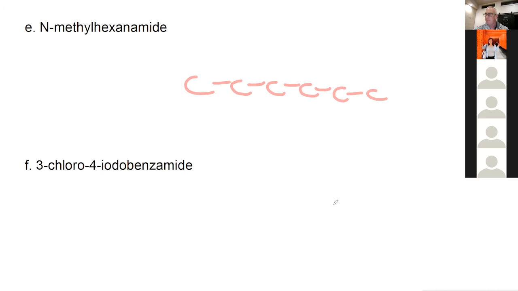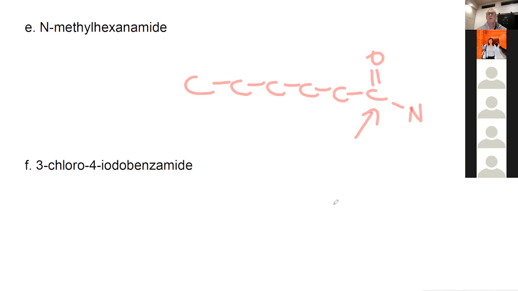So what does the amide mean? What kind of linkage is that? Carboxylic and amine. Right, so what should be attached to this carbon? A double bonded O, a carbonyl, and what else? And the nitrogen. That makes it an amide bond. So that's my hexanamide part.